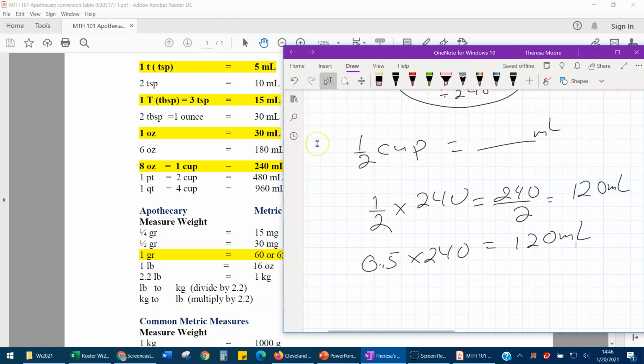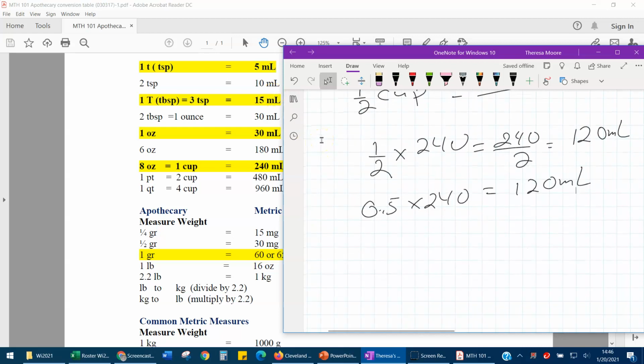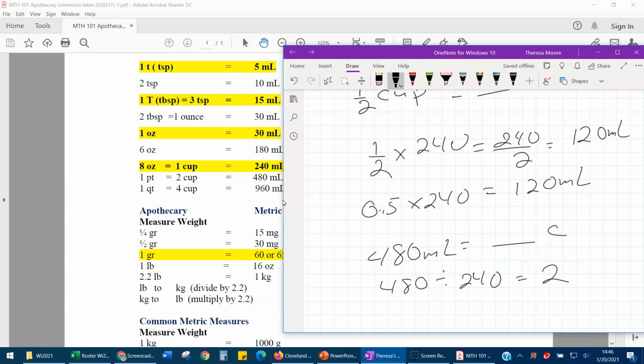If I had 480 milliliters, and I want to know how many cups that is, I would take 480 and divide by 240, and you would see 2 cups.